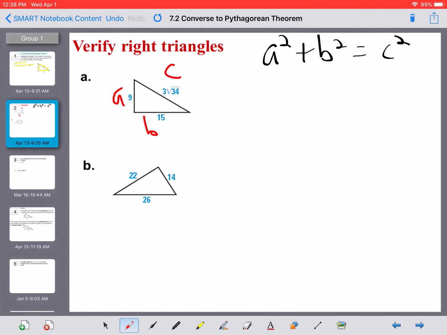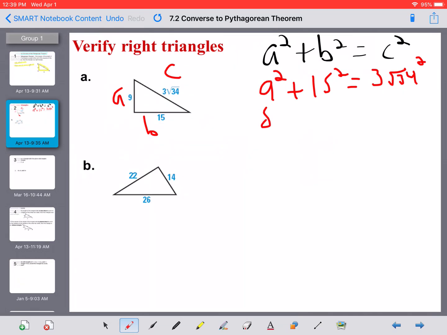Now I'm going to be using a calculator to do a lot of these calculations. You will not be able to see it on screen, but you'll probably hear it as I type it in. Now I'm going to go ahead and substitute my numbers in for my variables. So we're going to have 9 squared plus 15 squared equals 3 times the square root of 34 squared.